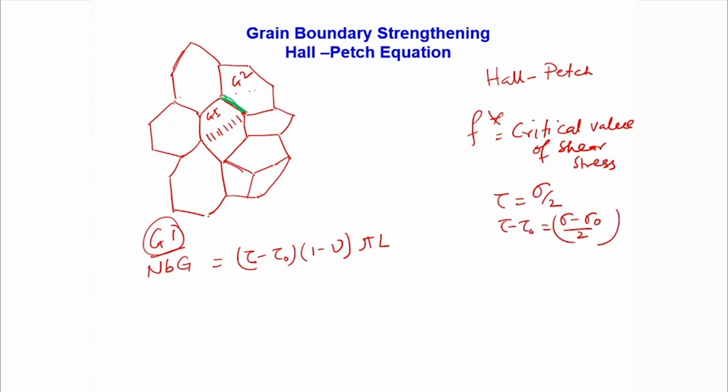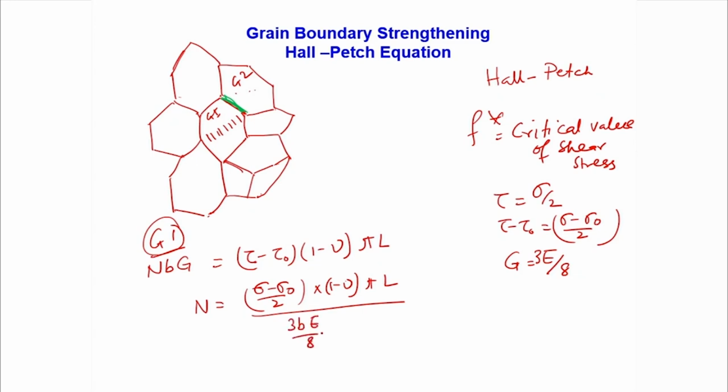Am I clear? And also you know that the shear modulus G can be related to the elastic modulus by 3 by 8 in a metallic material, G is 3E by 8, that we know. So therefore, we can write n is equal to what? Sigma minus sigma 0 by 2 multiplied by 1 minus nu multiplied by pi L, divided by b times 3E by 8, right. And we can always write one thing very clearly. What is that?